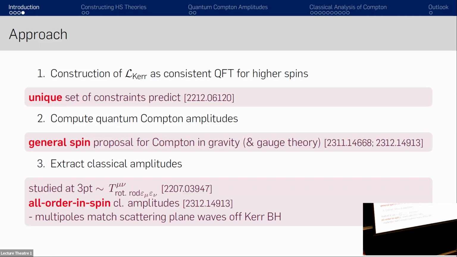You just have to be careful about how to do it, and using that knowledge from studying it at 3 points, we're able to generate some order in spin classical amplitudes for a black hole. And indeed, this Compton amplitude matches the scenario of scattering plane waves off a Kerr black hole background, which can be done just in GR using black hole perturbation theory.